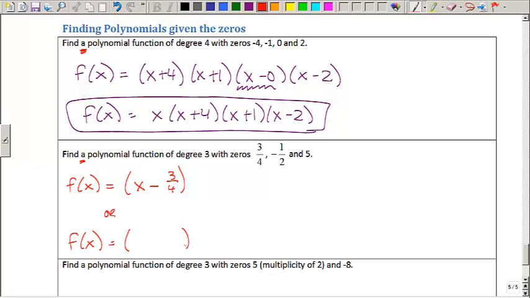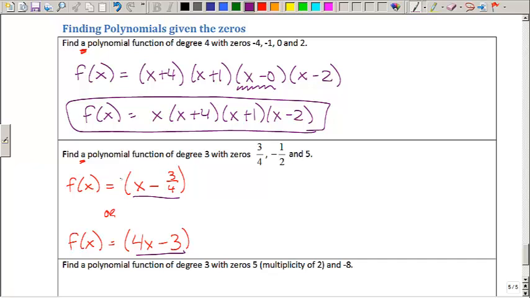And usually some clever student comes up with the idea that if we had a factor of 4x minus 3, well, that's also going to get you a 0 of positive 3/4.